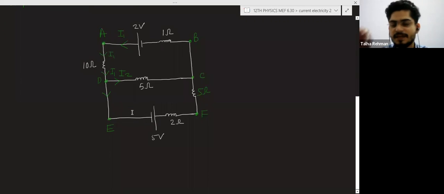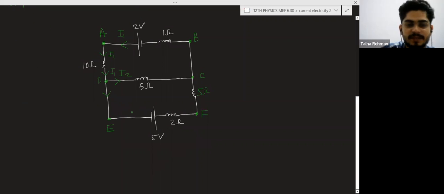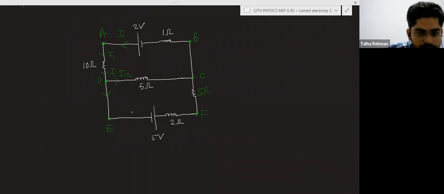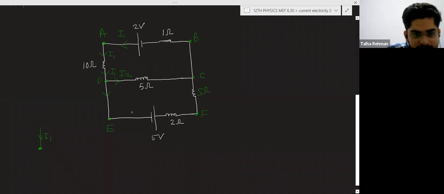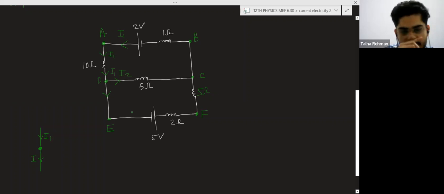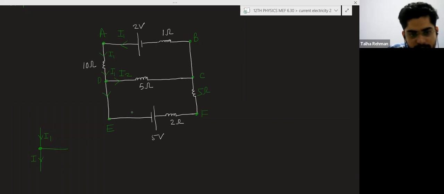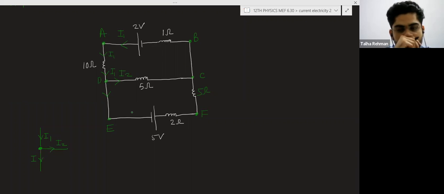And if you are confused, then you can apply Kirchhoff's current law also. All of you can see I1 current is coming like this, and we want to find the current in this direction. And here we have current I2. I have told you, you have to take the summation of the current.